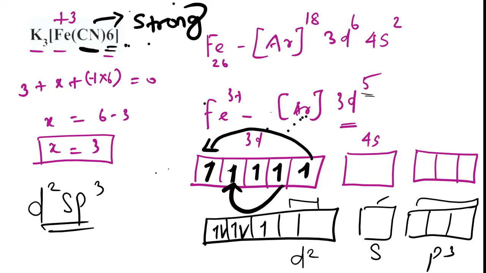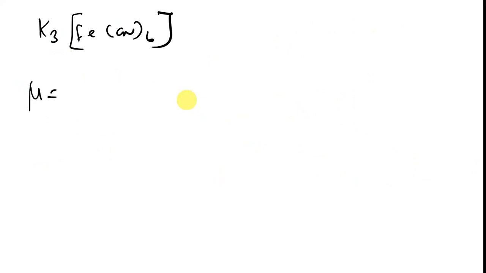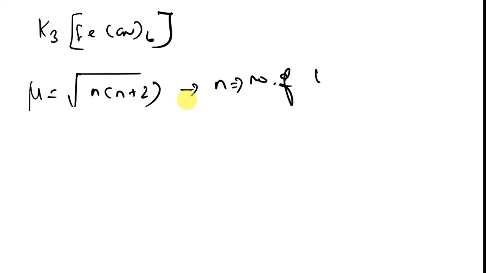Let us go for magnetic moment. That is K3[Fe(CN)6]. Let us go for magnetic moment here. That is mu is equal to root of n into n plus 2. That is a formula. n is nothing but the number of unpaired electrons.